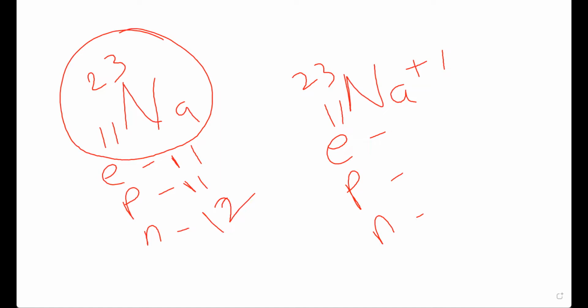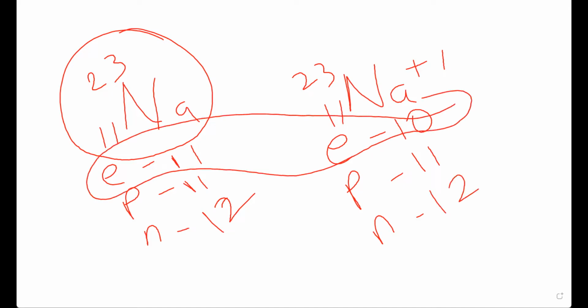Now you tell me for this charged ion, how many electrons are there? 10. Very good. How many protons? 11. How many neutrons? 12. So only the number of electrons changes. Protons and neutrons remain the same.